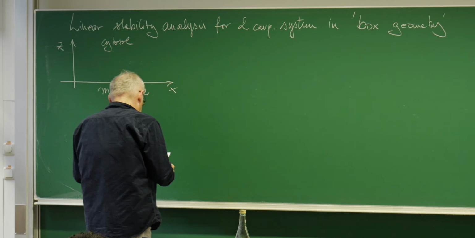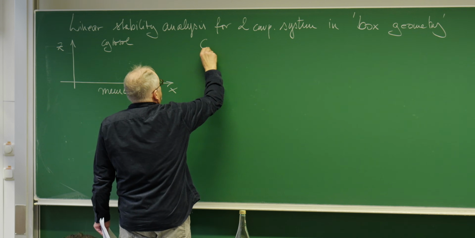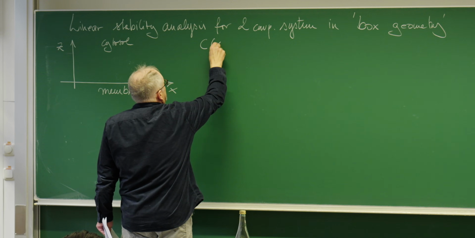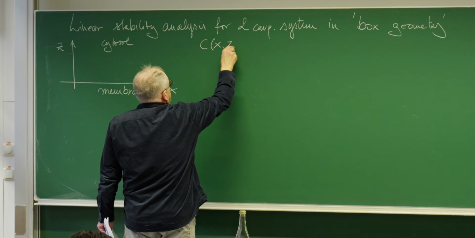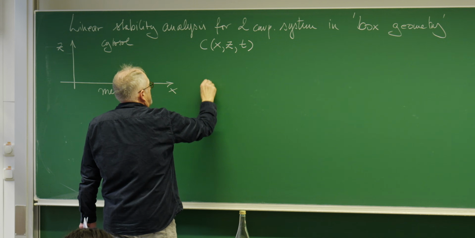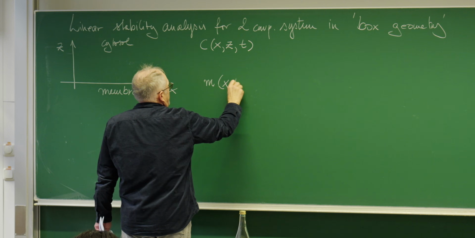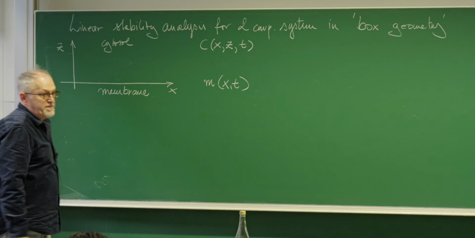So the concentrations that we're going to have is the bulk concentration c as a function of x, z, and time. And we have the membrane concentration m as a function of x and time.